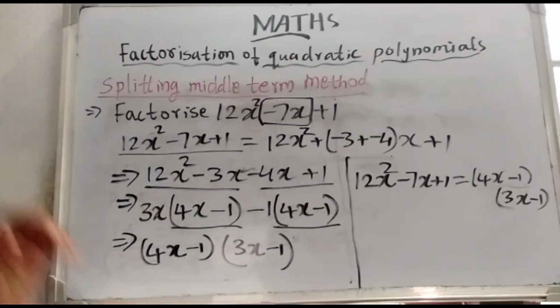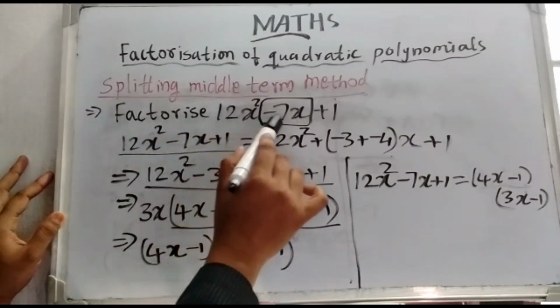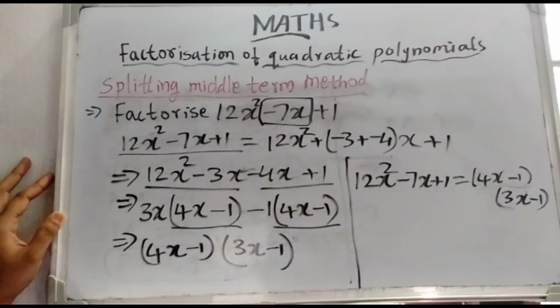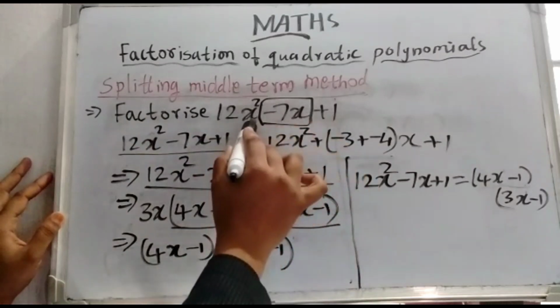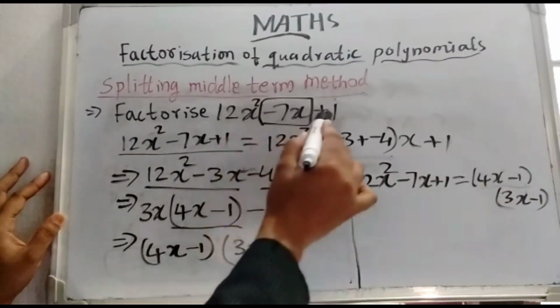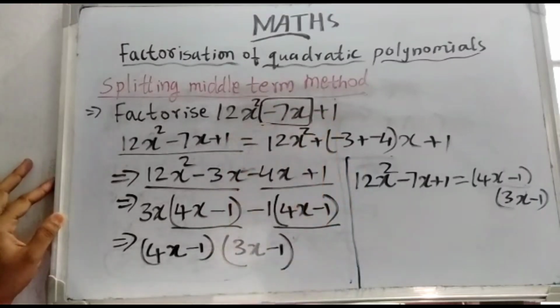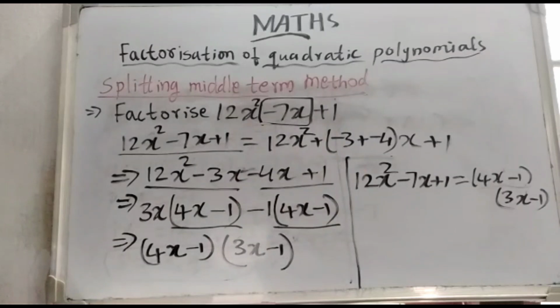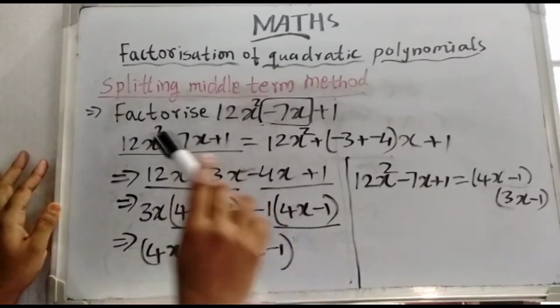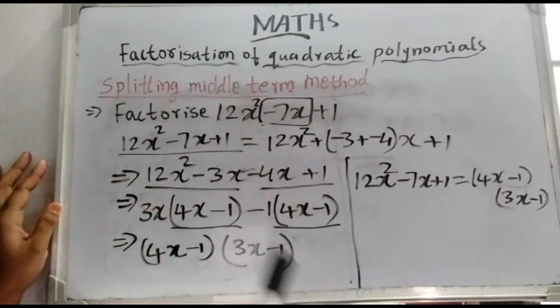Clear? I will explain one more time. Our question was 12x square minus 7x plus 1. We need to factorize this quadratic polynomial using the splitting middle term method. What is the middle term of this quadratic polynomial? Minus 7x. Here a is equal to 12, b is equal to minus 7, c is equal to 1.